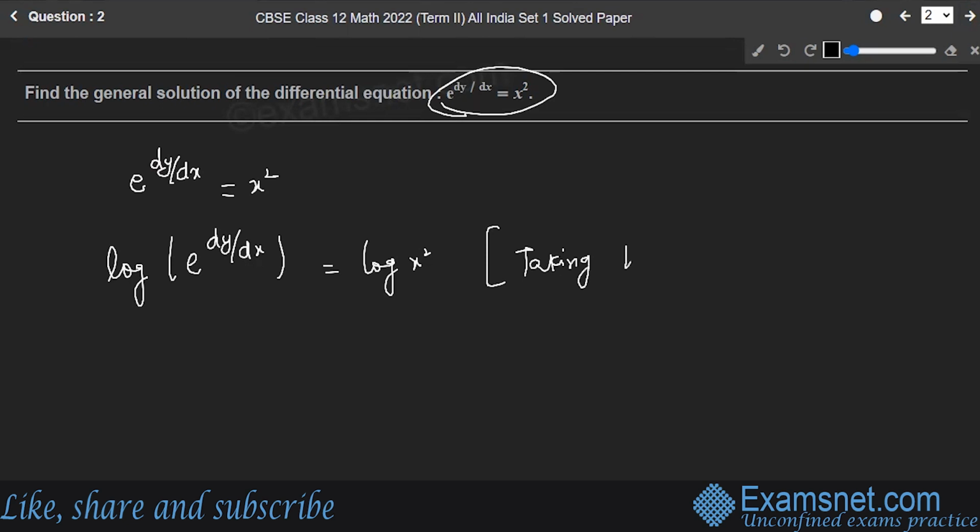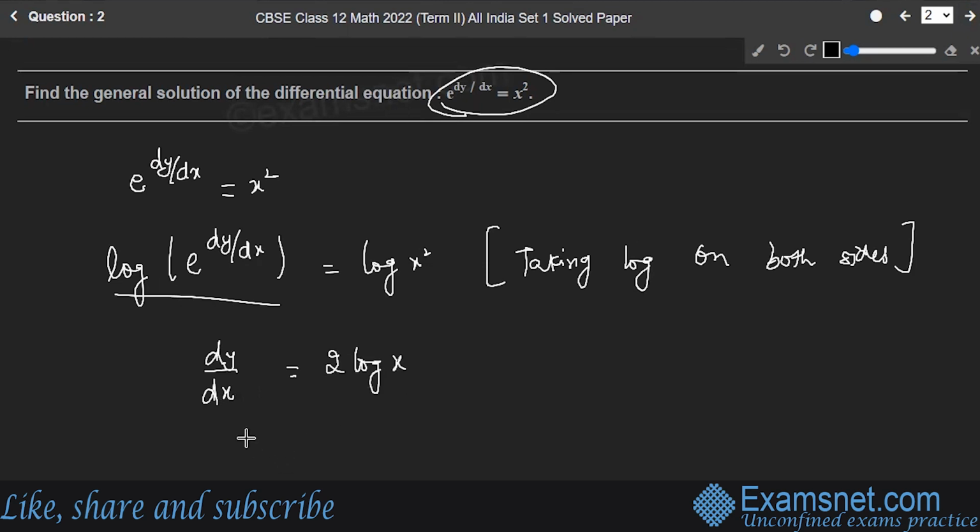Taking log on both sides, this becomes dy by dx, and this can be written as 2 log x, or dy is equal to 2 log x dx.